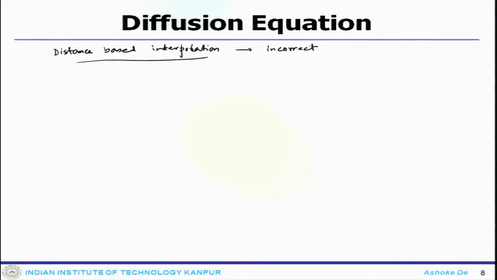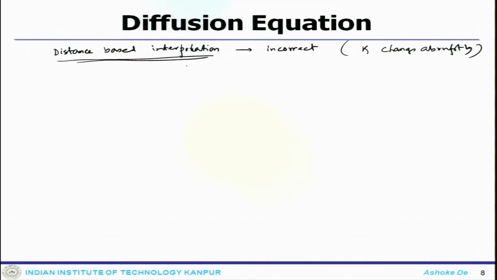One can say that this distance based interpolation can lead to incorrect results when there is a sudden or abrupt change in conductivity. If kappa changes abruptly, then this kind of distance based interpolation will have a problem.